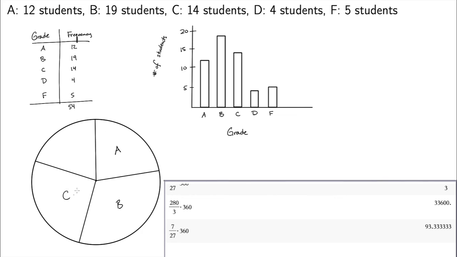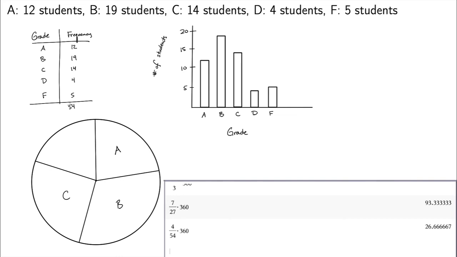And that is C. And then our next portion is D, and that's 4 out of 54. So I take my 4 out of 54 and multiply that by my 360, and I get about 26 degrees.